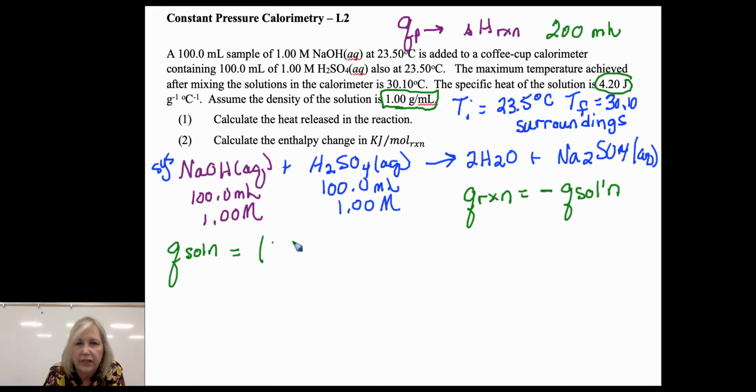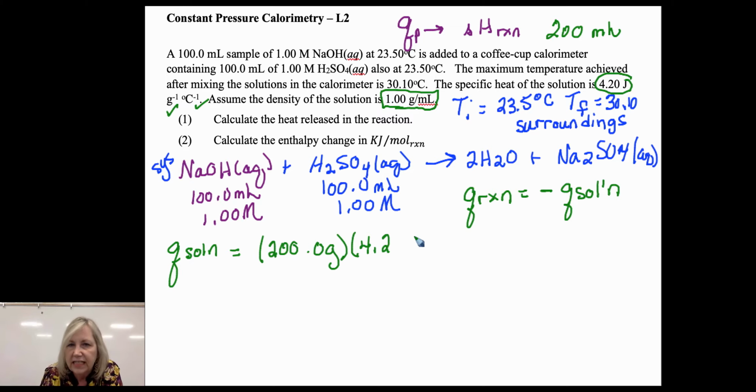If each milliliter is a gram, I have 200.0 grams of solution times the heat capacity, and you notice that this is on a joule per gram basis. So that's why I want grams here. It could have been joules per mole, in which case you'd have to have moles here. You've got to be careful with that.